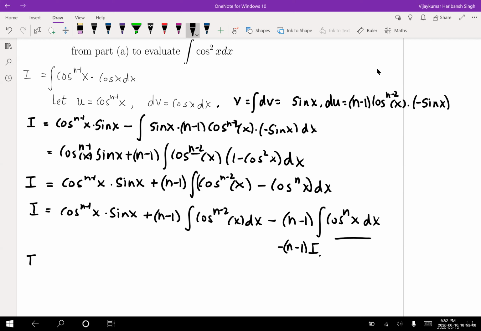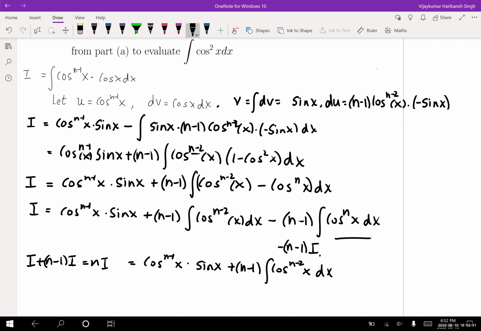So we get I plus n minus 1 I, which is same as n I, right? Is going to be cos to the power n minus 1 x sine x plus n minus 1 times integration of cos to the power n minus 2 x dx.